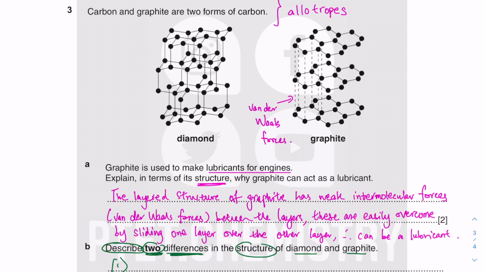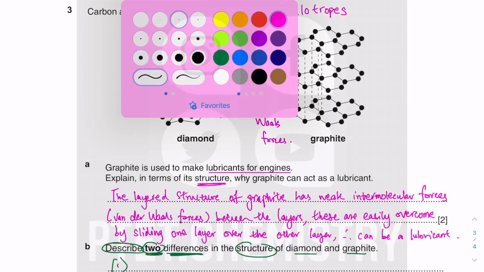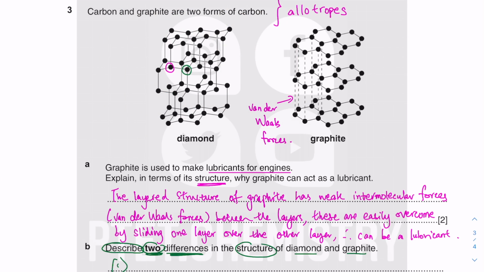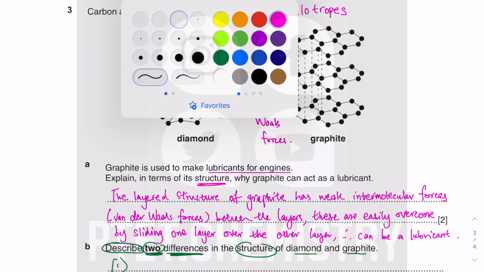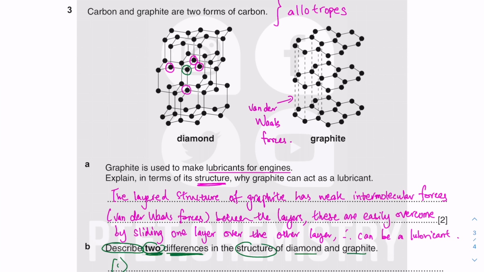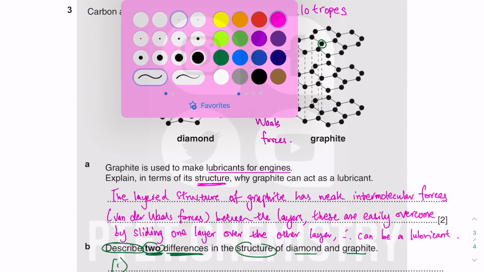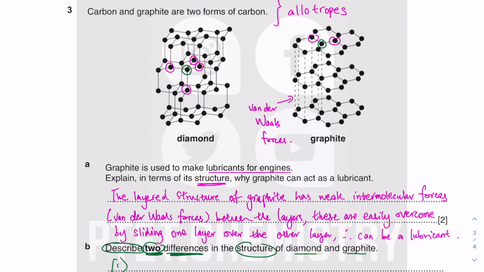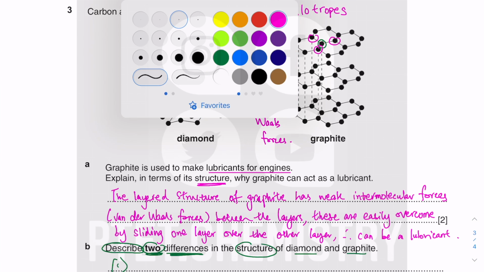If I choose one central carbon here, you'll see it's bonded to 1, 2, 3, and 4. So I can use another ink. 1, 2, 3, and 4. Each carbon in diamond is bonded to 4 other carbon, whereas each carbon in graphite is only bonded to 3 other carbon. Okay, so that can be my first difference.